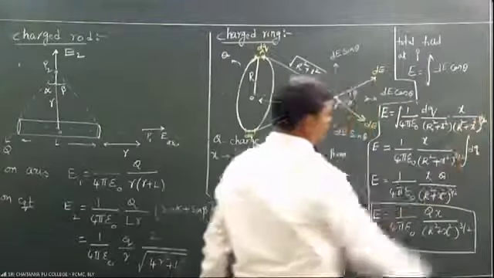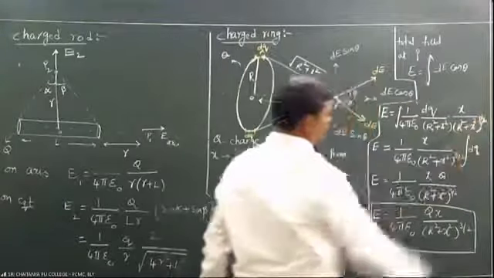That means if this is the radius, on either side, at x is equal to r by root 2, if this is the point, if this is the axis extended at a distance r by root 2, even here also, x is equal to r by root 2 from the center, here E is maximum.